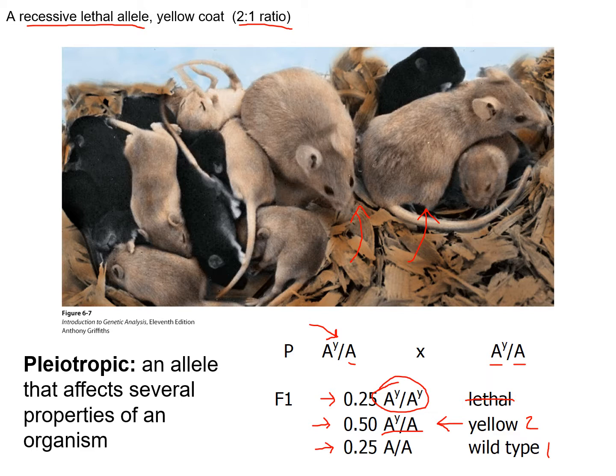So this gene that is causing these mice to be either yellow or black coat color also may play a role in the development of the heart or the development of neurons or some other biological effect. And having two copies of that mutated allele ends up being lethal to that mouse or to that rat.